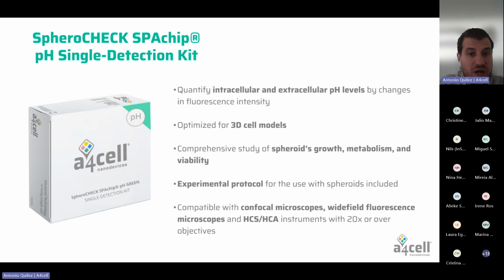We have optimized the protocols to work with 3D models to assess the metabolic state of our spheroids and also the viability of those. And the only requirement is that we use an imaging platform that includes fluorescence measurements with enough resolution to locate our 3 microns wide and long chips. So, for example, 20x magnification of objectives.